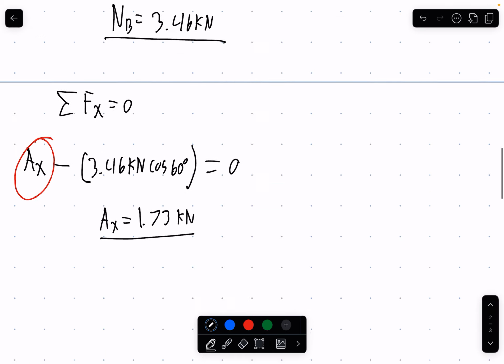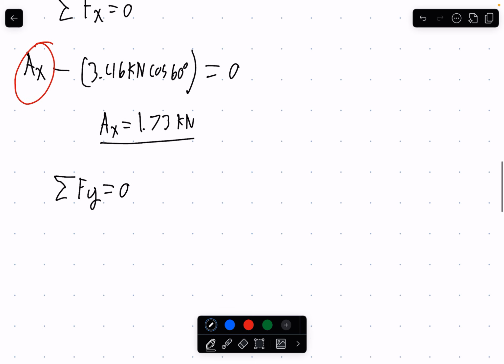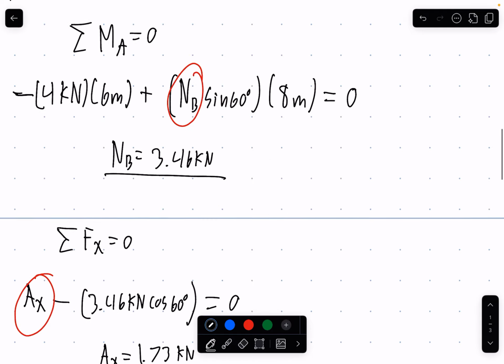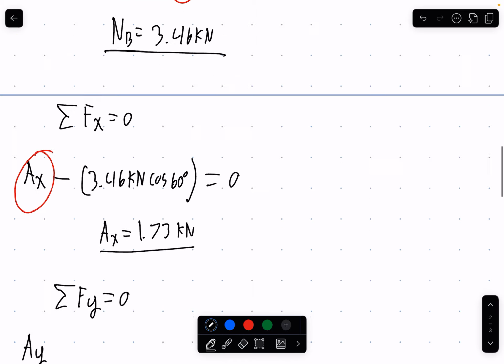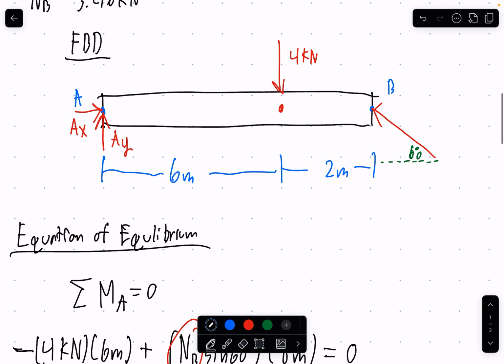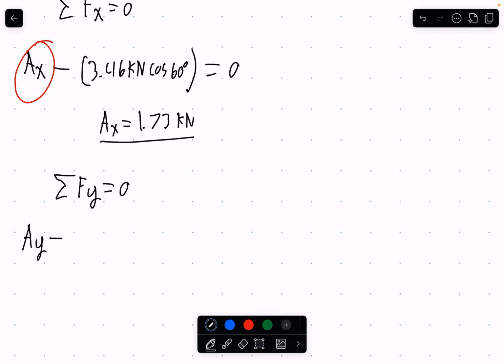Okay, and now let's sum the forces in Y to find our last unknown. Going left to right, we have the reaction at A. AY will be positive because it's going in the upward direction. We have that point load, 4 kilonewtons, acting in the negative direction, so we will give it a negative sign in our equation.